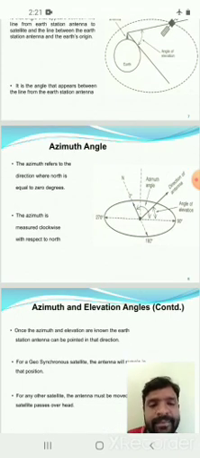Azimuth angle. Azimuth refers to the direction where north equals 0 degrees. That means it is used to find the vertical direction from the Earth to the satellite.